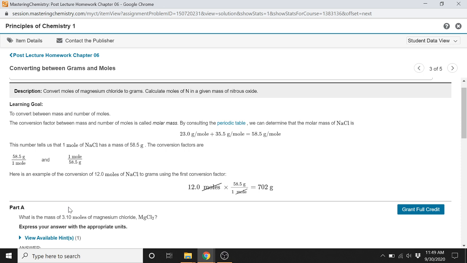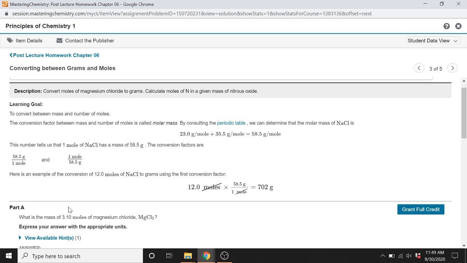Okay, so you now have a grams per mole, right? You have a number of moles of this compound already, didn't you? Okay, so how would you convert that number of moles to grams then? Multiply, yeah.